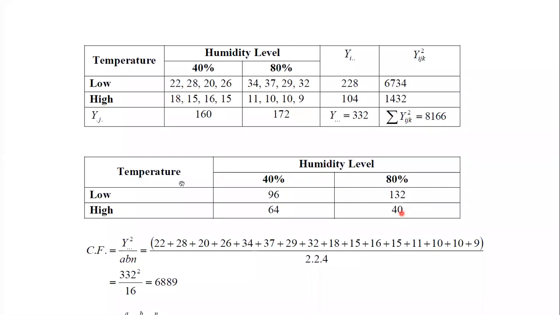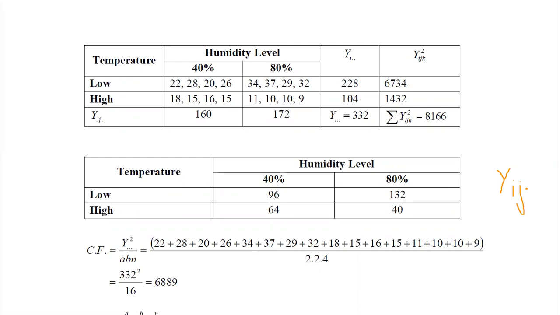Now I have finished taking the row totals, column totals, and combination totals. These are denoted by y ij dot, for the ith level of temperature and jth level of humidity.